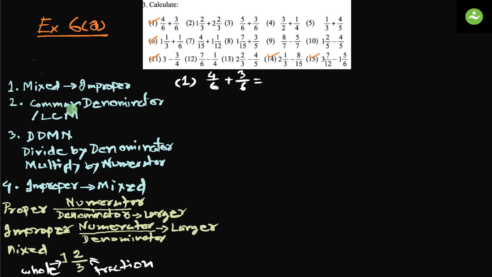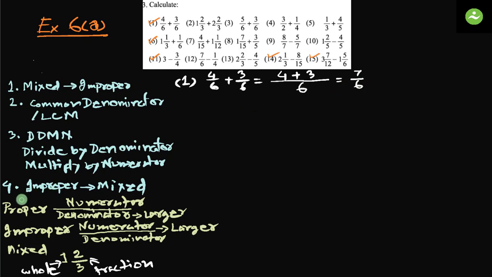If there are different denominators, there are no different denominators, so forget about step 2. Now divide by denominator and multiply by numerator. We already have a common denominator, that is 6. Then we actually don't need to divide and multiply also. Just add 4 plus 3 equals to 7 by 6.